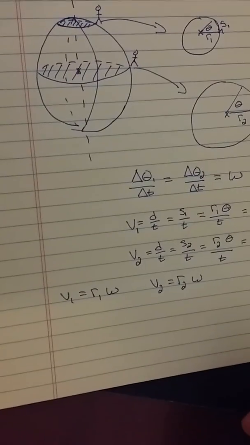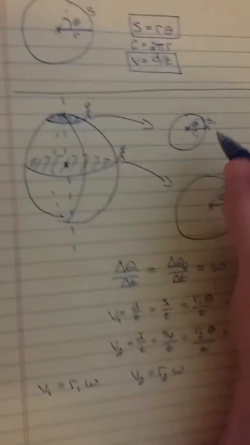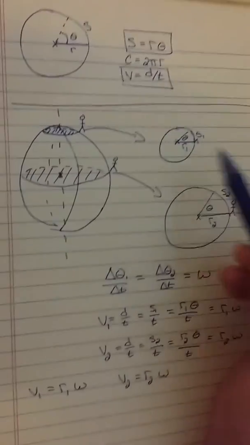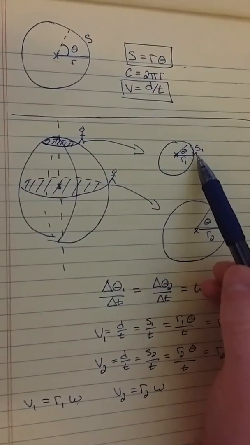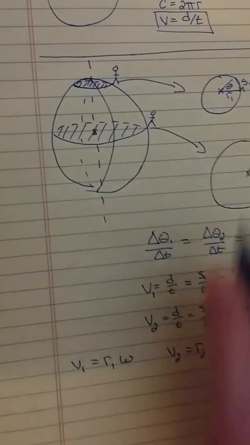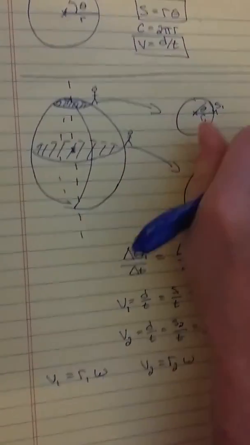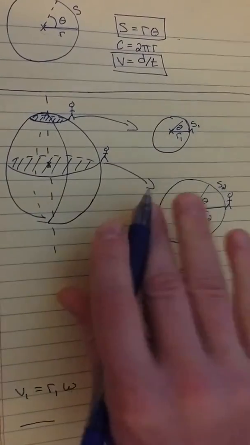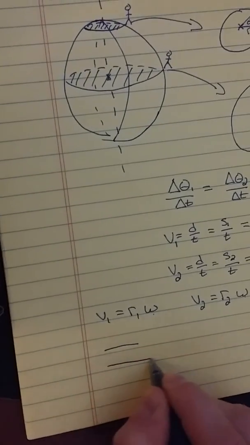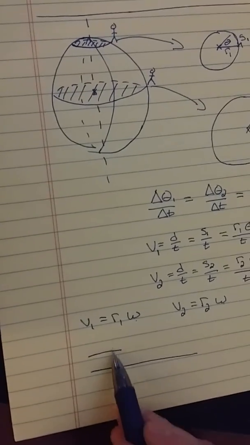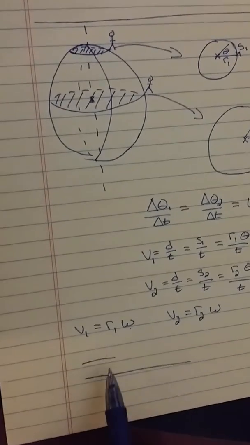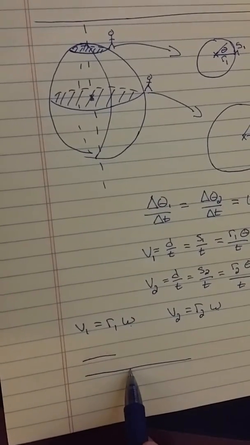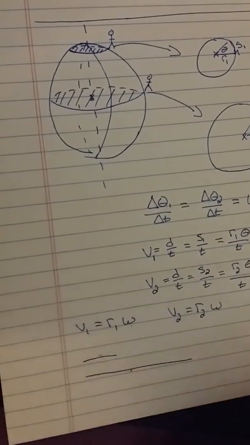So let's sanity check ourselves. What this is saying is, if the rotational speed is constant, which it is for something like the Earth or a ball, then if I take this S and I unroll it and make a line out of it, and I take this S and unroll it and make a line out of it, it's saying that if you're running on both of these lines and you have the same amount of time to cross both of them, you have to be running faster on this line than you do on this one if you're going to complete them in the same amount of time.